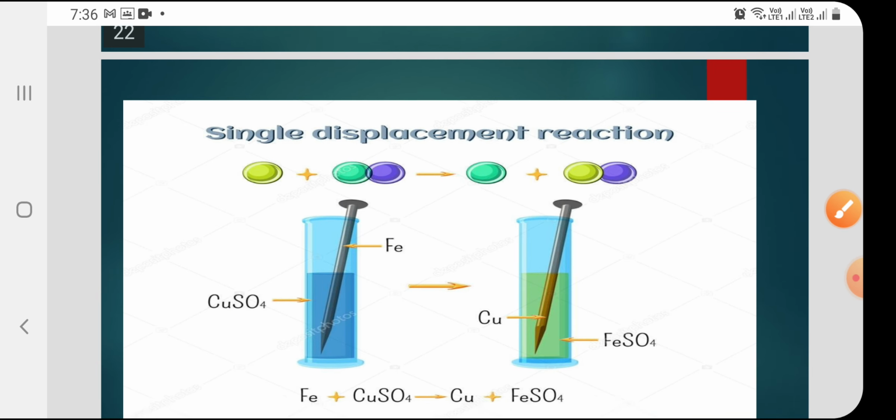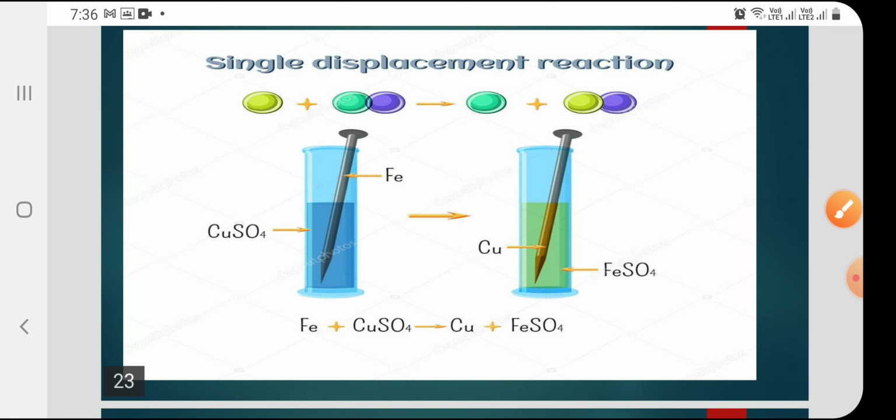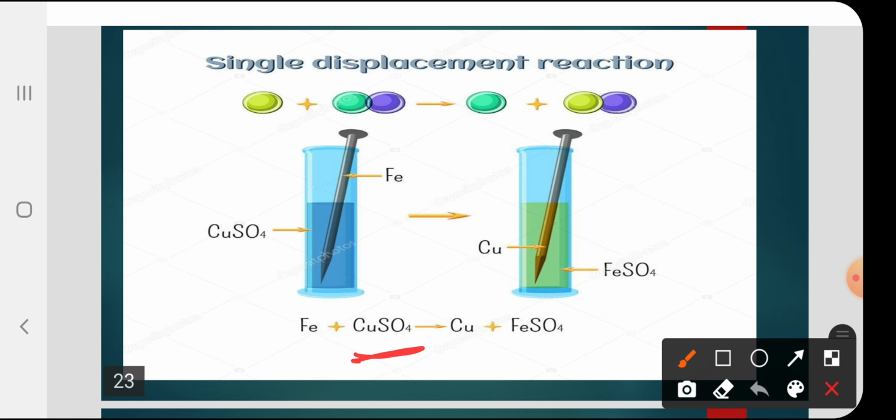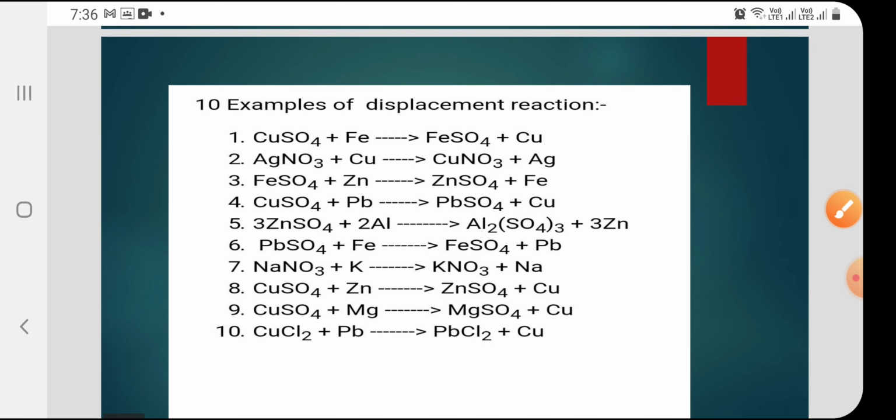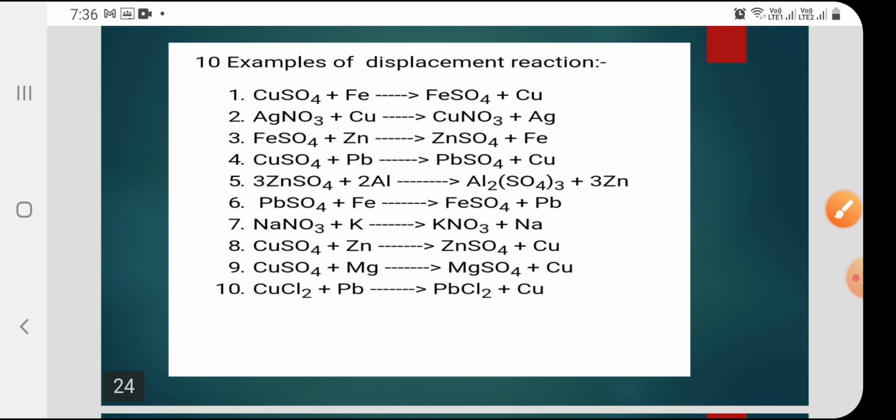So definitely the iron displaces copper from its solution, and you have seen that in this copper sulfate solution, iron has taken the position of copper and copper gets displaced. So this is the single displacement reaction, or you can just say a displacement reaction. Next, there are different examples of the displacement reaction.